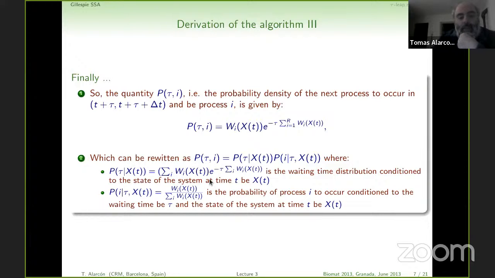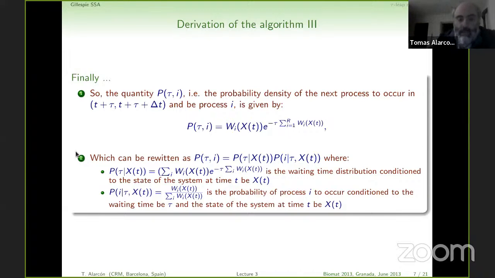And this will give you the sort of normalized probability for the waiting time conditioned to the state of the system at time t. So again, this is the waiting time distribution conditioned to the state at time t to be x of t, and here we see that this is an exponential distribution. So this is what we were saying at the beginning of the lectures, that the Markov property is very much related to the fact that the waiting times between events are exponentially distributed.